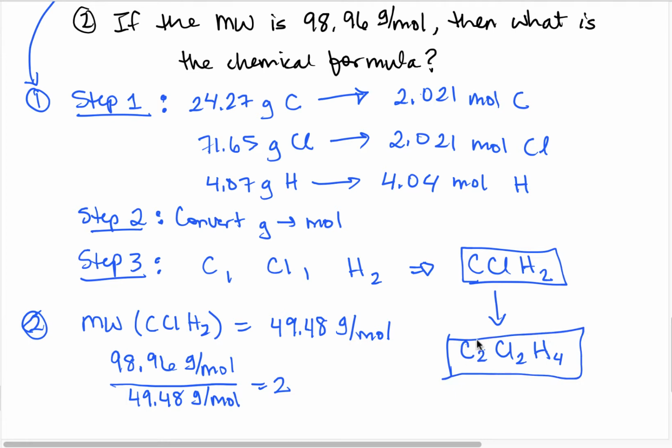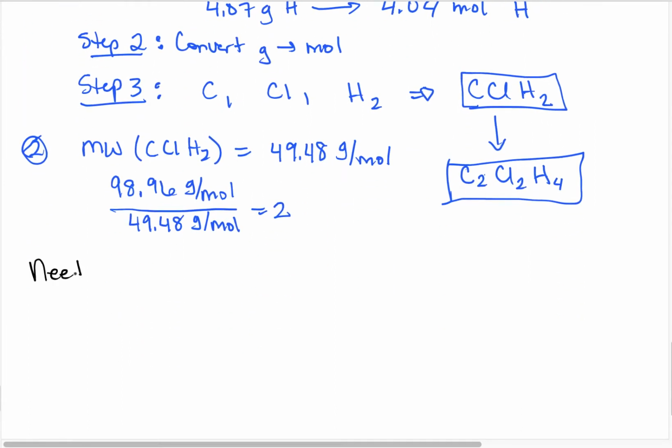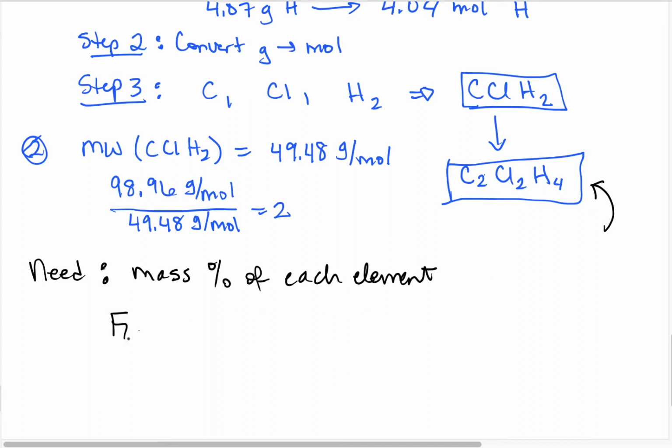So this is your process for calculating empirical formulas. What you need to calculate them are the mass percents of each element and a periodic table. If you want to know what the chemical formula is, then you would also need the molecular weight of the compound.